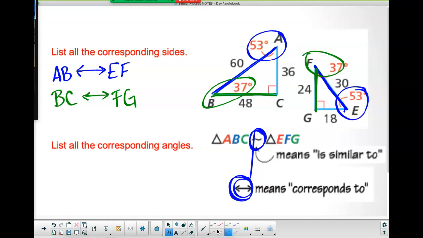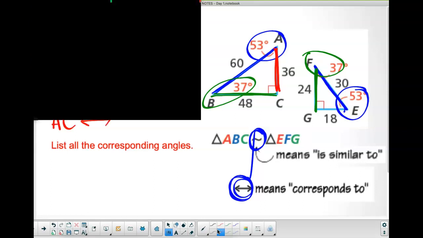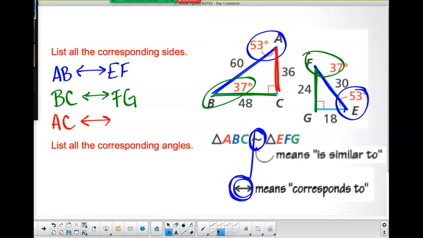Okay, then we have one more side, and I'm going to go AC corresponds to which side? Obviously, there's only one option left, but do I put GE or EG? EG. Why EG?